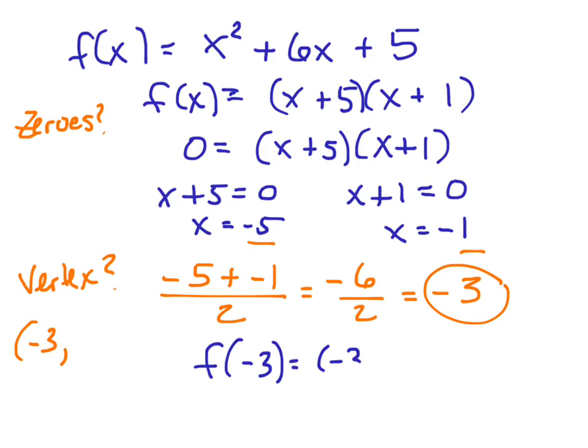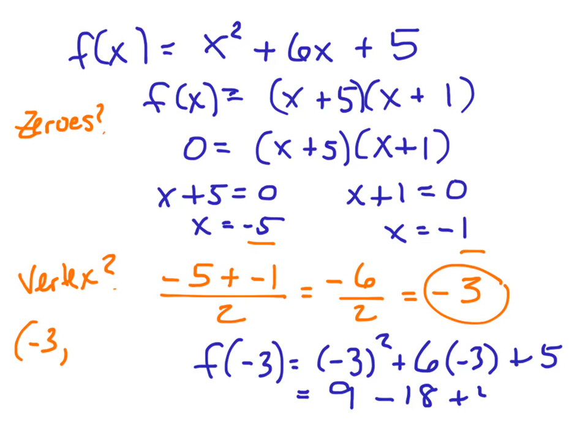I've got negative 3 squared plus 6 times negative 3 plus 5, and that's 9 minus 18 plus 5, which is negative 9 plus 5, which is negative 4. So my vertex is negative 3, negative 4.